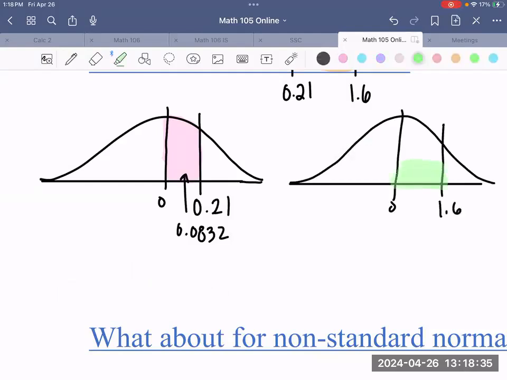Okay, so we got this part here where we have 0.4452.